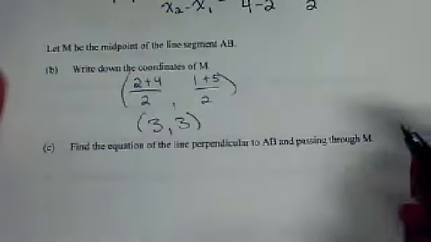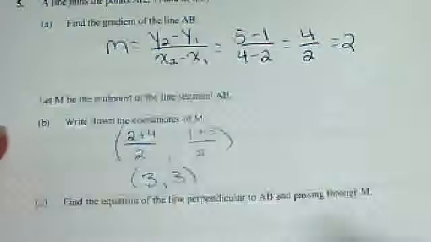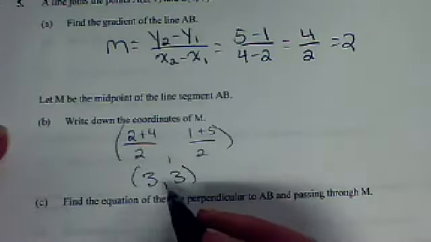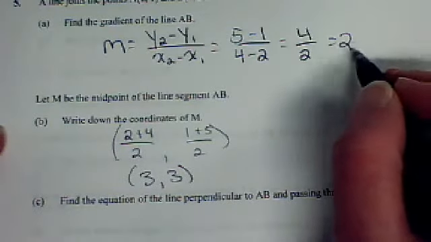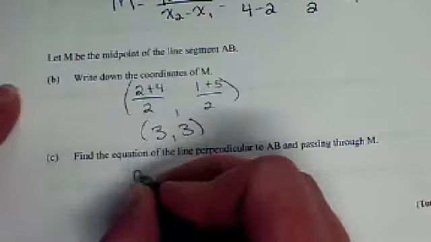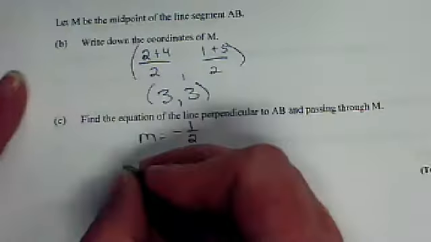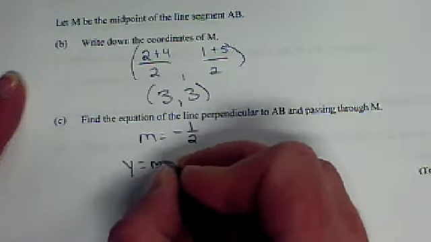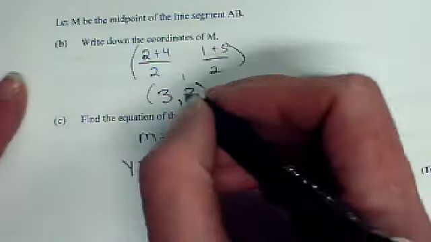The last part is we want to find the equation of the line perpendicular to AB that goes through point M. Well, if it's perpendicular to AB, and AB has a slope of 2, then our slope would be negative 1/2. y equals mx plus c. We know the slope, and we know a point on the line.